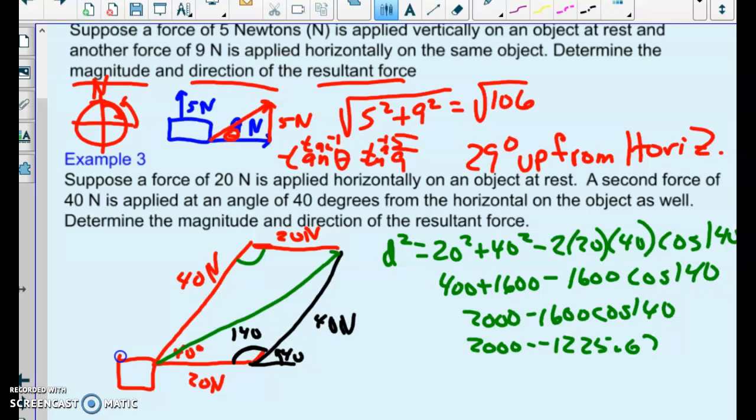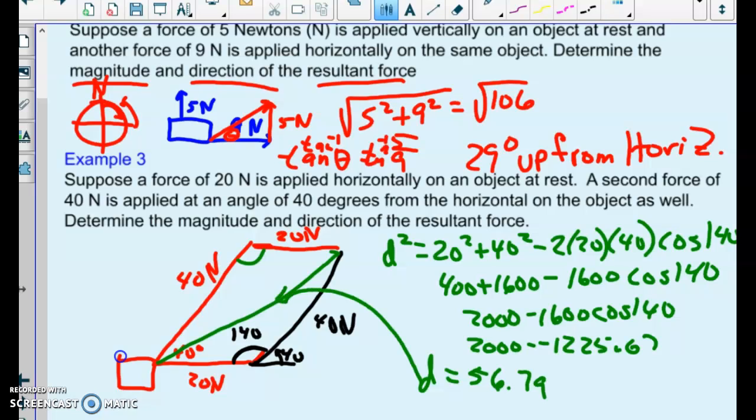So I'm going to go 2,000 plus that number, and then I'm going to square root it. And I get a d of 56.79. So that would be the magnitude, because that's the distance of that.